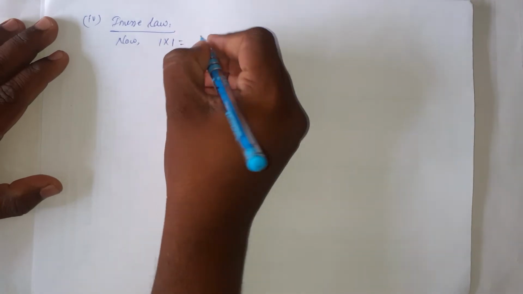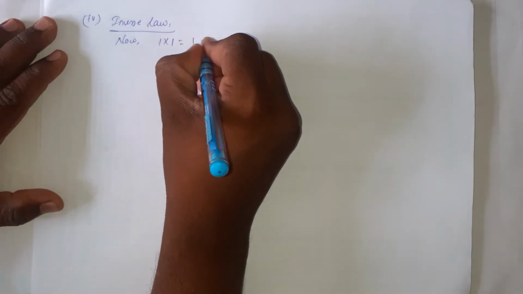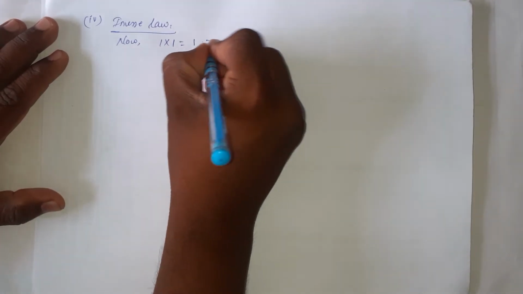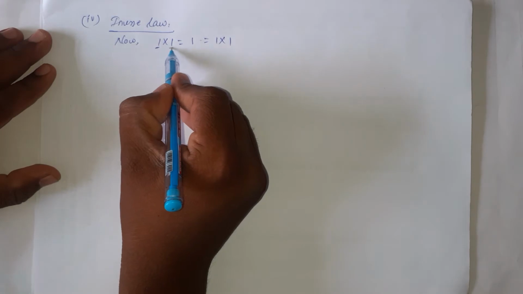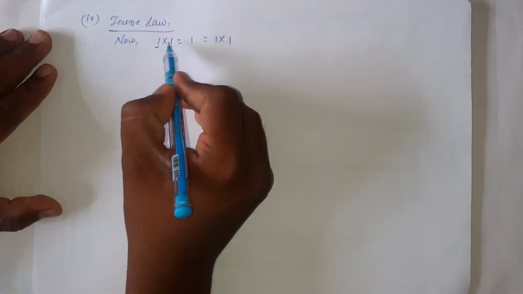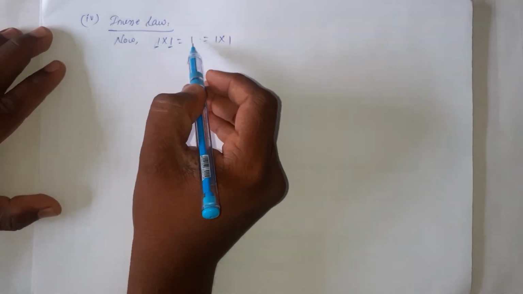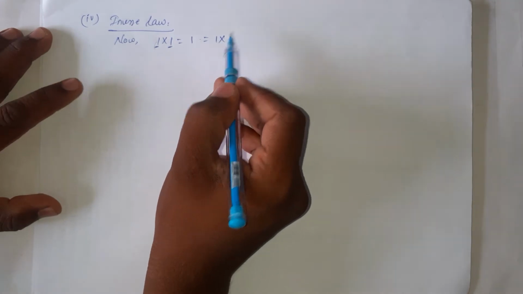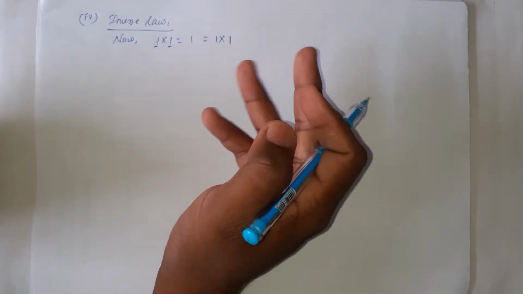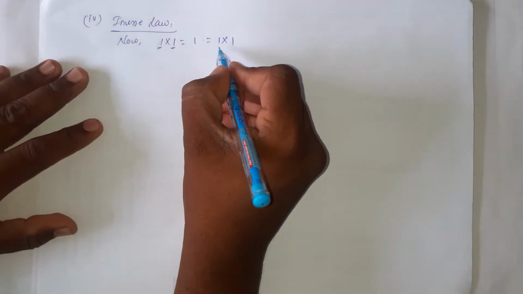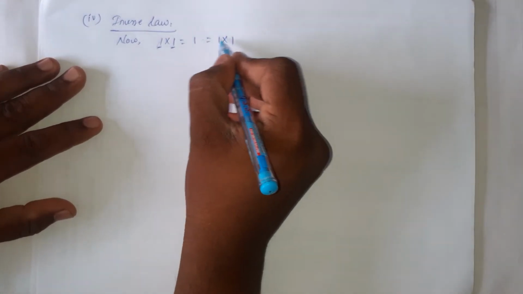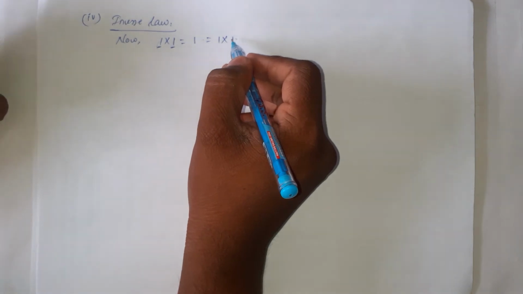Now, 1 into 1 is equal to 1, and it is equal to 1 into 1. Here we are multiplying left side and right side, and the product is 1 only. Since the same element is there, it does not make any difference.